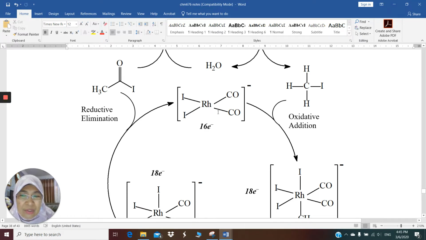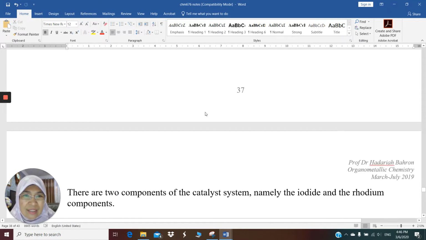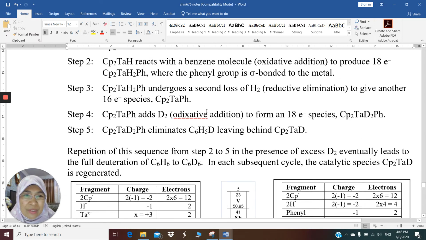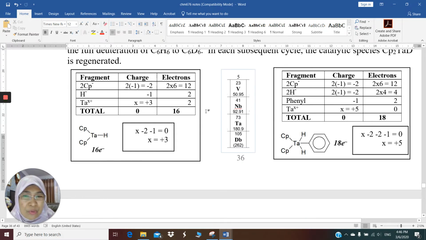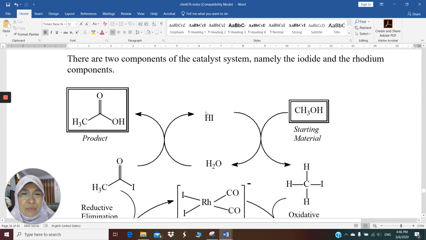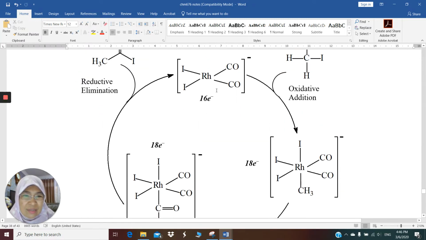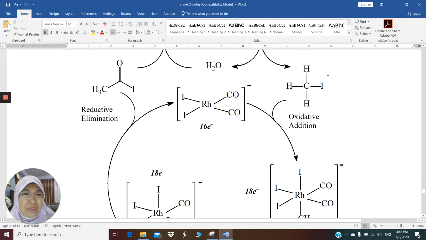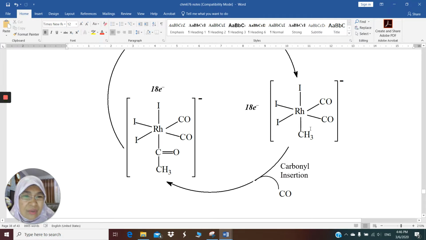If you count the electrons like we did up in this example here, if you do the same calculation, you're going to prove that there are 16 electrons in this species. So your iodomethane will add itself onto this rhodium species, the catalyst. That is your methyl, that is your iodide. It's adding itself in oxidative addition. So you get a 6 coordination number with 18 electrons.